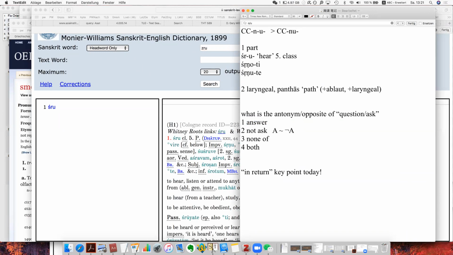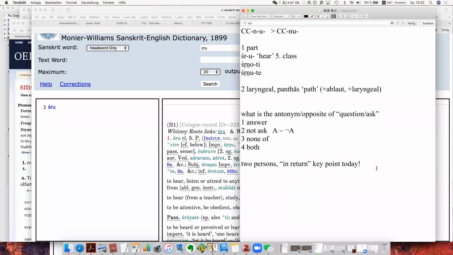There are two persons, one asking and the other answering. When we use ask or answer, both words anticipate two persons or two parties. That's why I say that in return is very important.